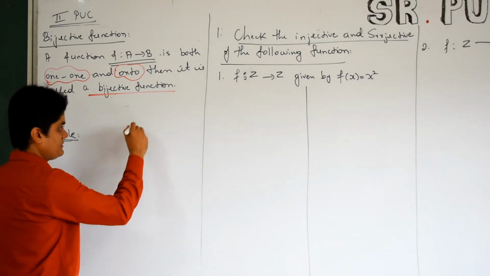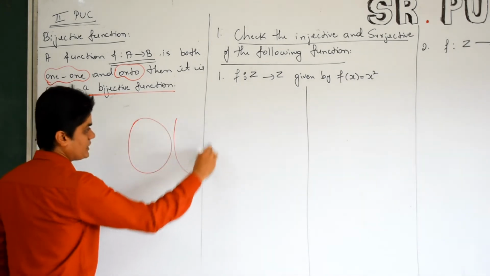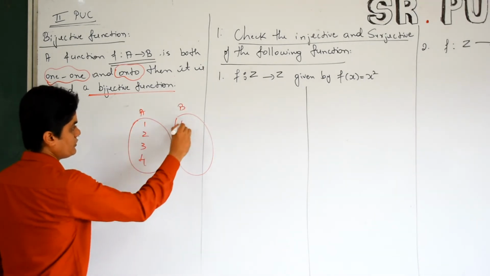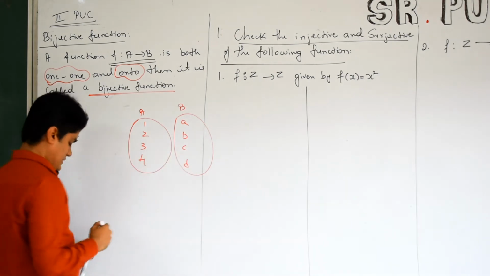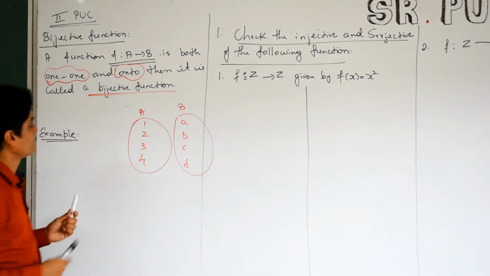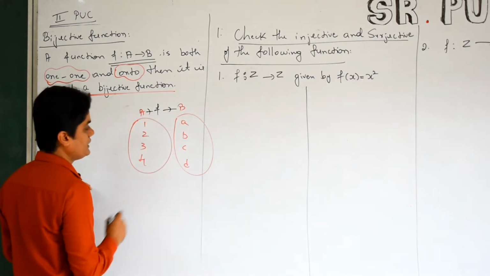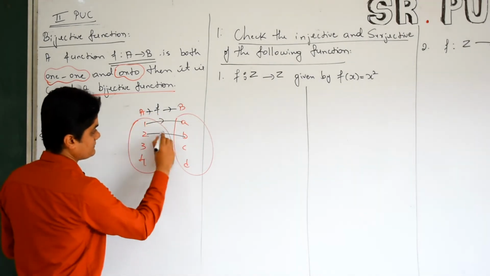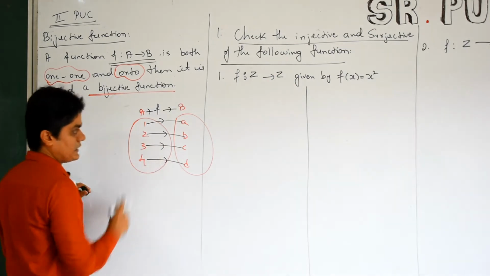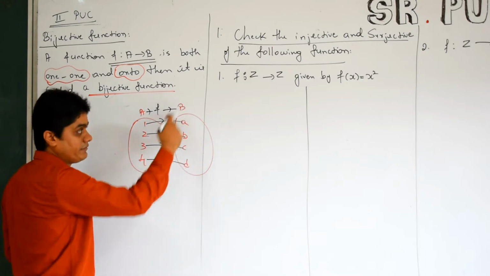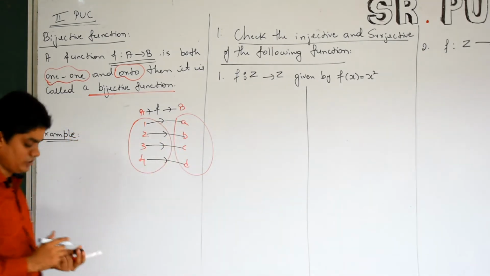Let me explain this using the first diagram. Observe this carefully. A and B, 1 2 3 4, A B C D. For this function to be a bijective function, the connection should be like this. Different elements of the first set are related to different elements of the second set, and every element of the second set must be connected to the first set.